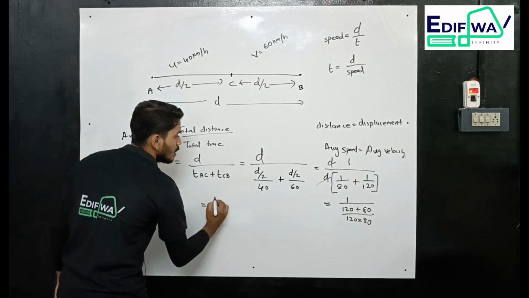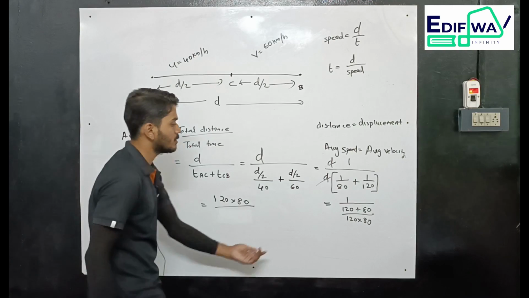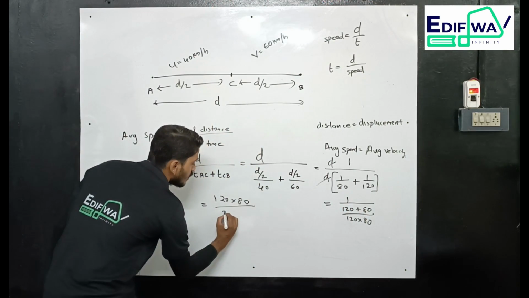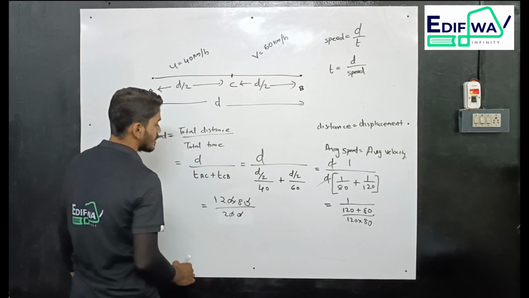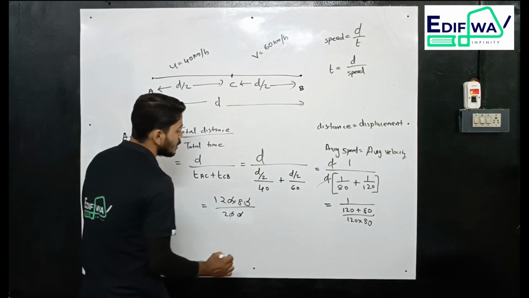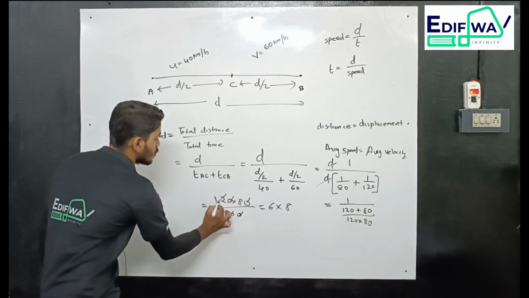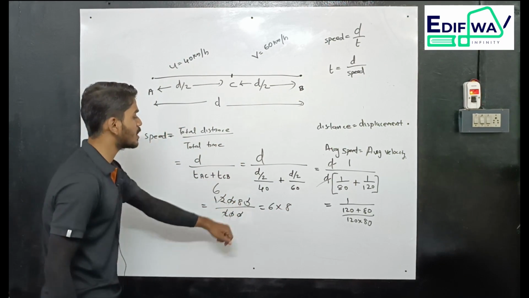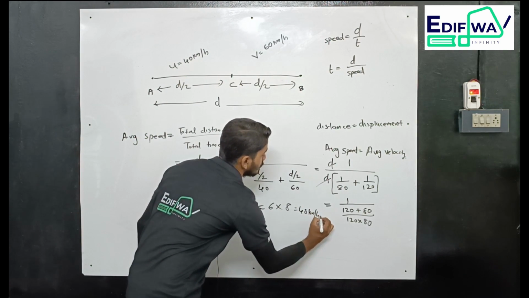Now this 120 into 80 will go to the top. So it becomes 120 into 80 divided by, upon adding, you get 200. So this 0 and this 0 will get cancelled. Now 12 by 2 is 6, times 8, right? 12 and 2 will cancel, you get 6. 6 multiplied by 8, you get again 48 km per hour.